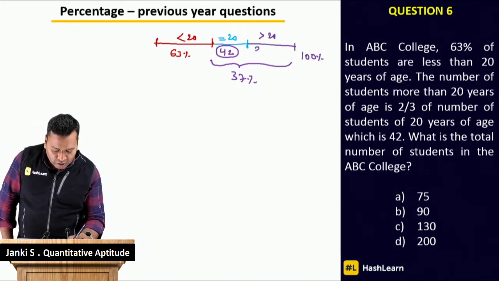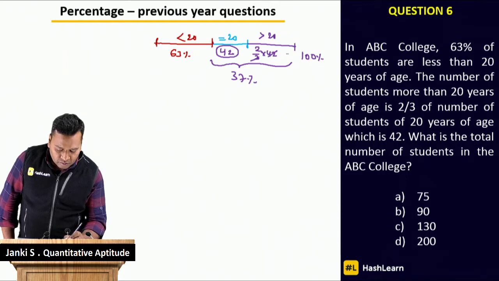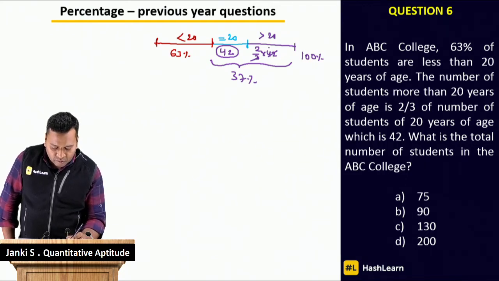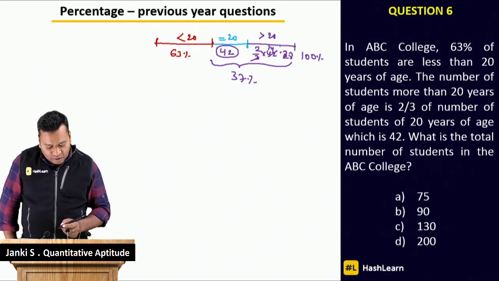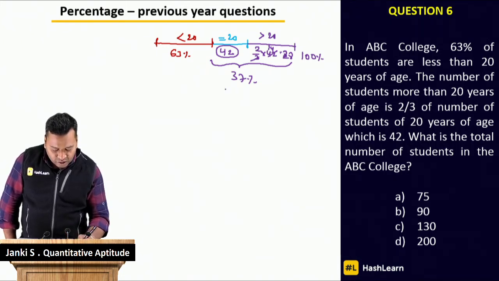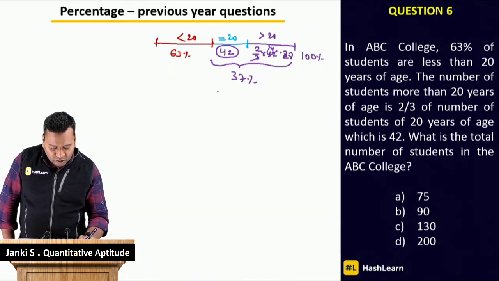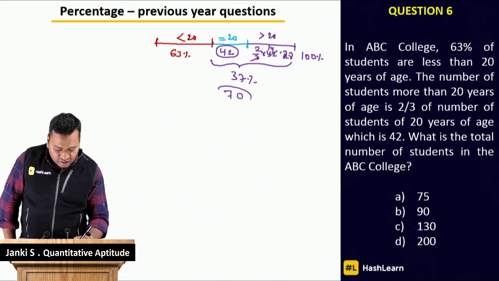So let's take 2/3 of 42. 14, so that means 28, right? So 28 plus 42, that means this value is supposed to be how much? 28 plus 42 is 70, right?